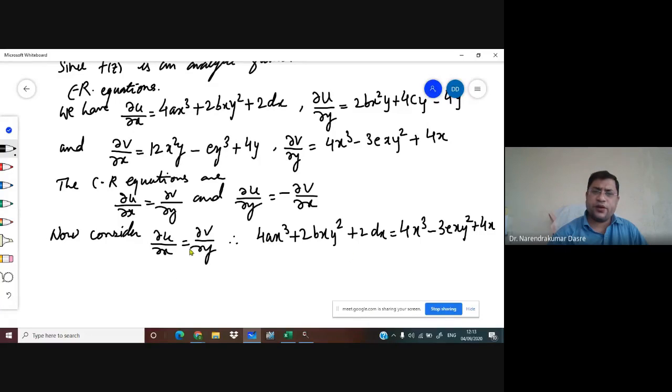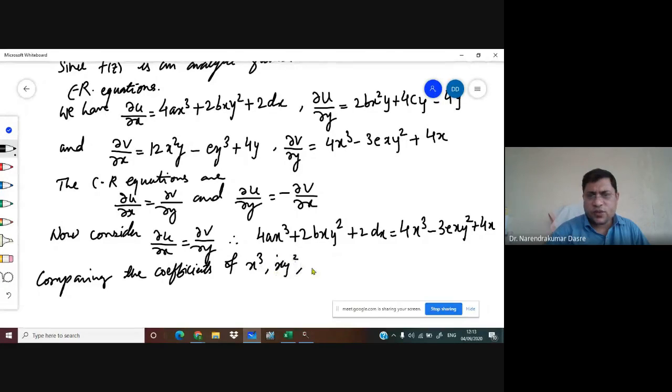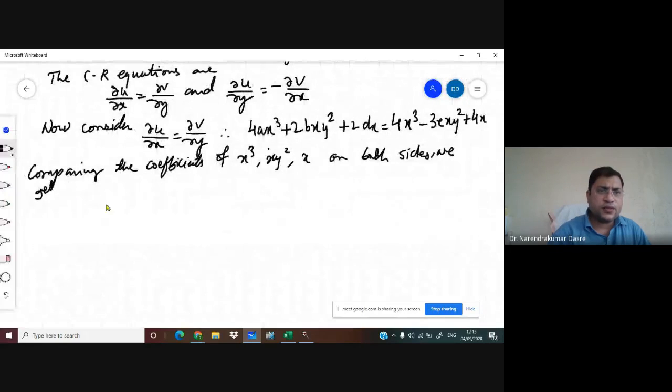Okay, so what we can do is compare coefficients on both sides, the coefficients of x^3, xy^2 and x. The coefficient of x^3 is 4a.